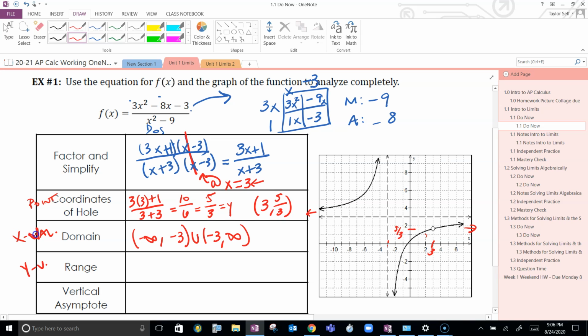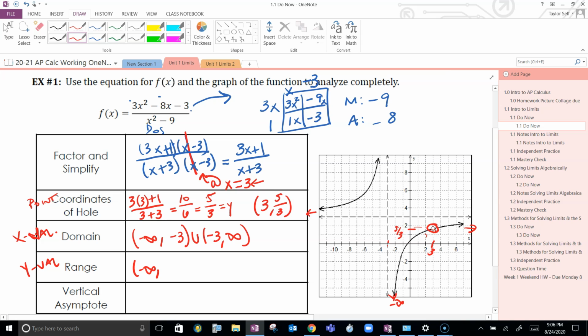Range is y values, and we start at the bottom. So we go as low as negative infinity. So I'm going to put that over here, negative infinity. We have to stop at the horizontal asymptote. Actually, we have to stop at this point first, because there's a hole.